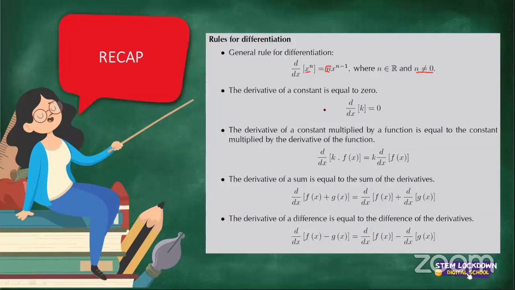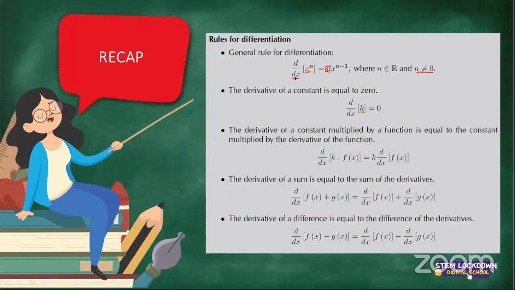The second rule is if you have a constant, so your function in this case is a constant. If you differentiate a constant, you will get 0. The other thing you need to note is this dx. This dx simply means you are differentiating the function with respect to x.